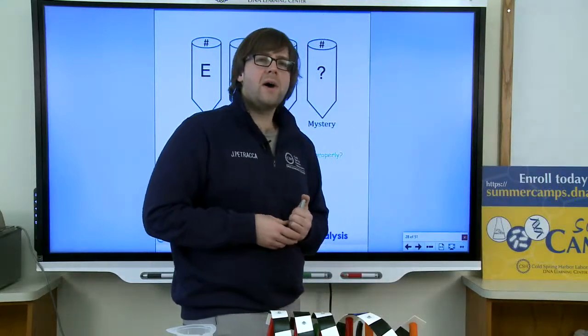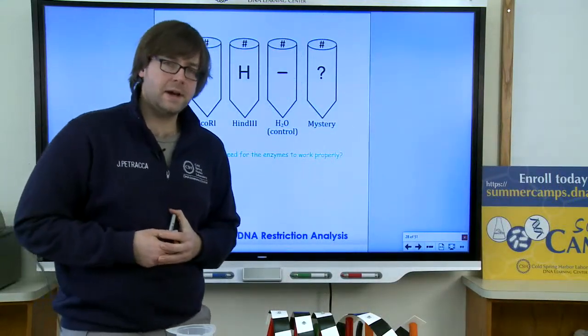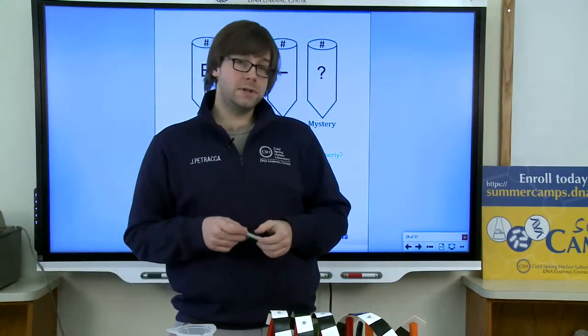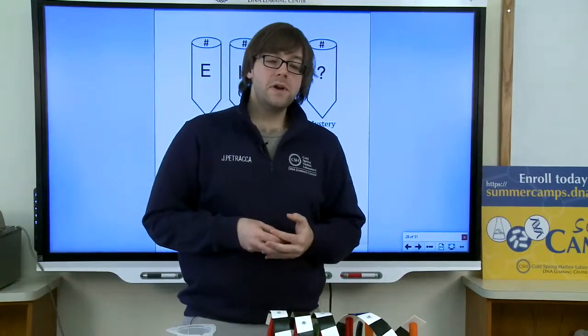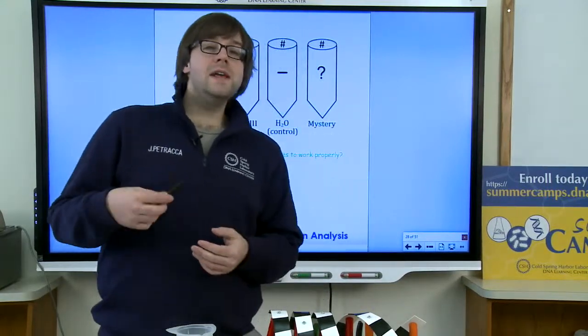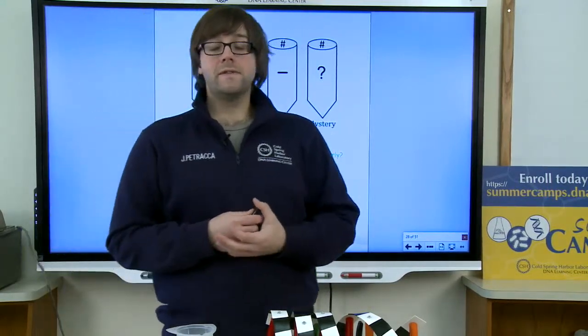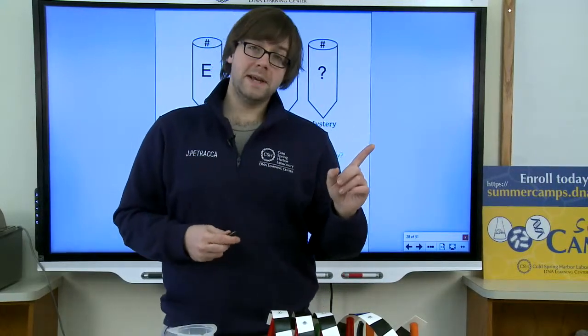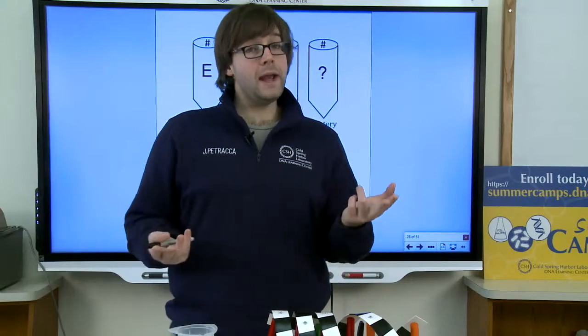When we talk about enzymes, very often we talk about the conditions under which they operate. There are various different things that can influence the behavior of a particular enzyme. One of those would be temperature, for example. Another would be pH.